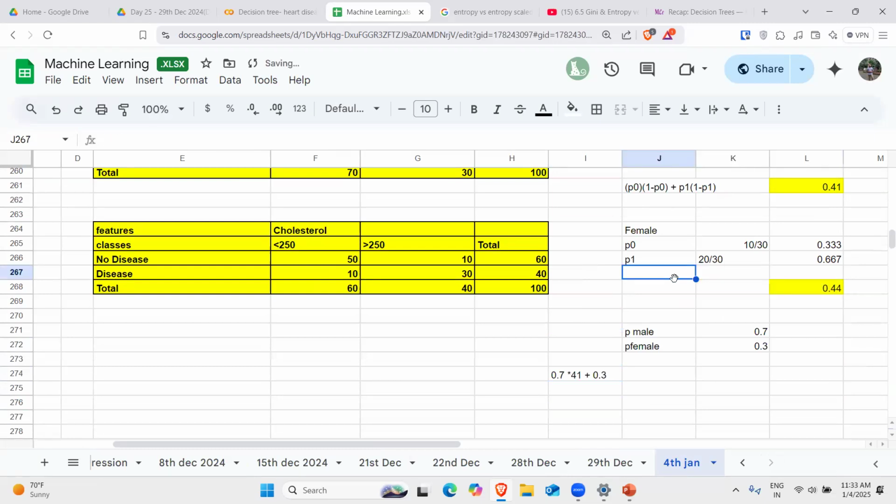I just have calculated this. It will be 0.333 into 1 minus 0.333 plus 0.667 into 1 minus 0.667. That becomes your 0.44. Sorry.